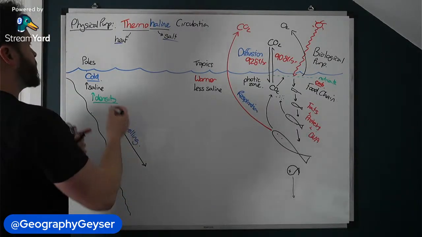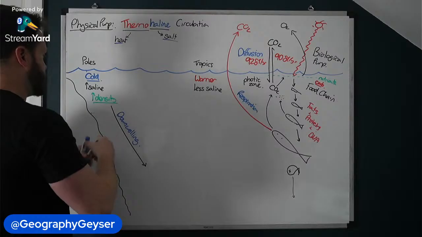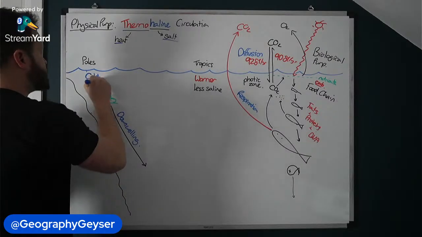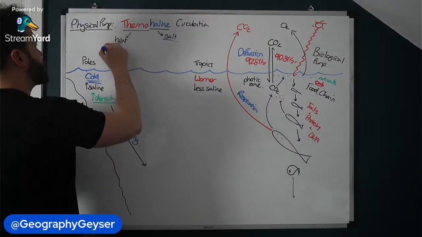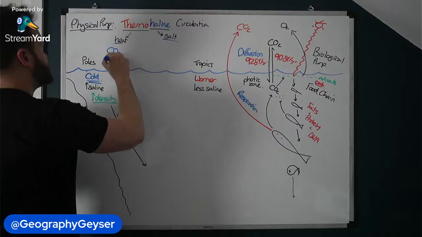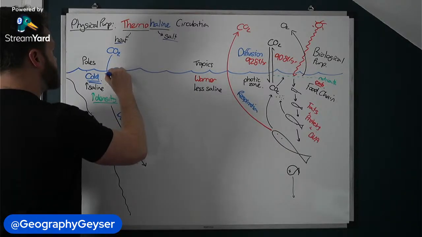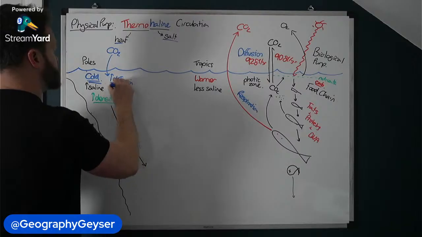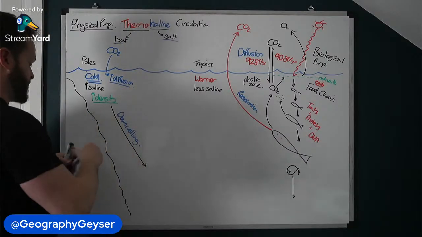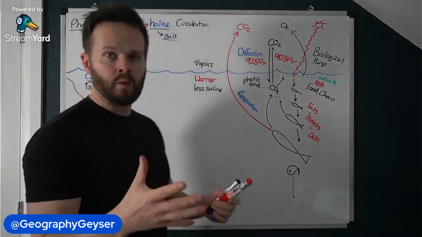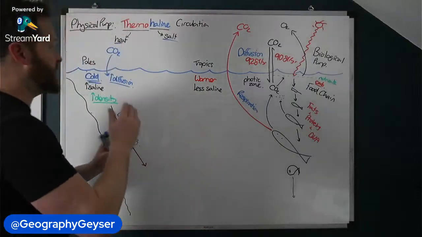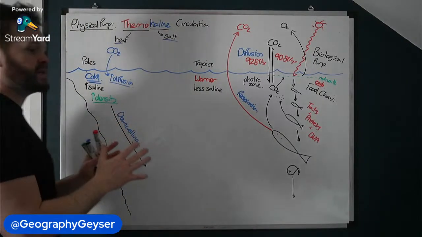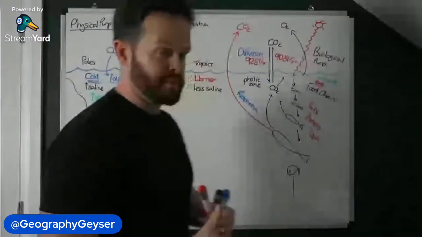Now, the importance of this is because, remember, when something is cooler, you get an increase in the diffusion of CO2 into that water, and it remains in that water. Yeah. So this is a very important point in terms of regulating the concentration of carbon dioxide in the atmosphere.